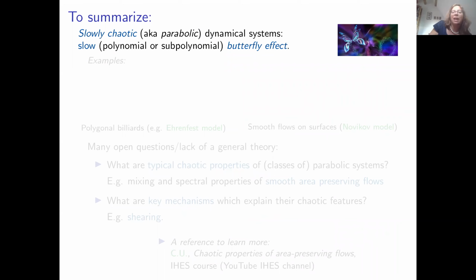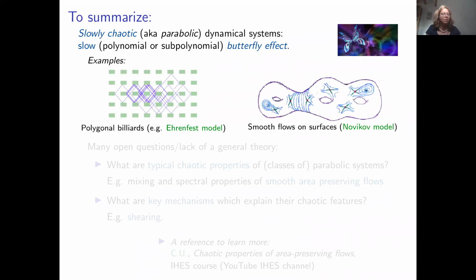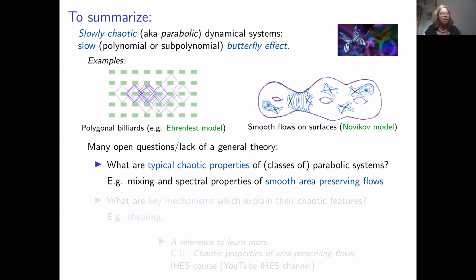Just a final slide to summarize. I hope by now you learned that what I call slowly chaotic systems, or parabolic systems, display a slow form of the butterfly effect. The butterfly effect happens on polynomial or subpolynomial scales. Some examples from physics are the Ehrenfest or wind-tree model and the Novikov flows on surfaces.